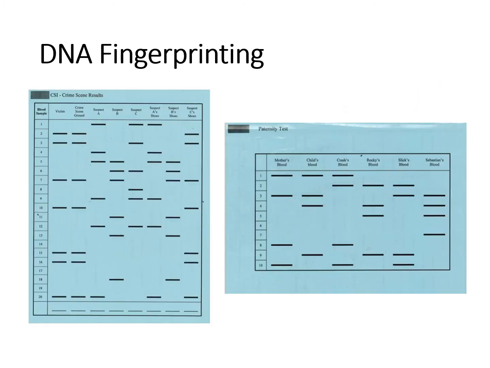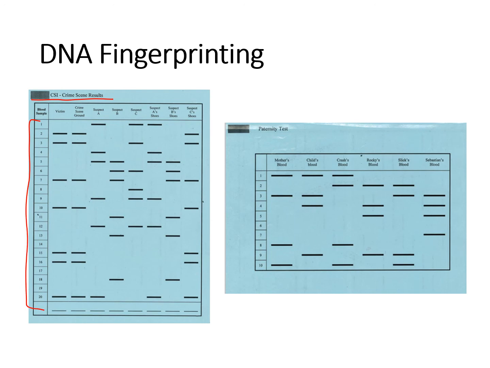For your lab, you have 2 different DNA fingerprints that you need to answer questions for. The first one is a crime scene DNA fingerprint. It gives you a victim and 3 suspects and different samples of blood, and it shows you the DNA profile. Often when you're talking about profiles, you refer to different bands, and these are the numbers of the bands.